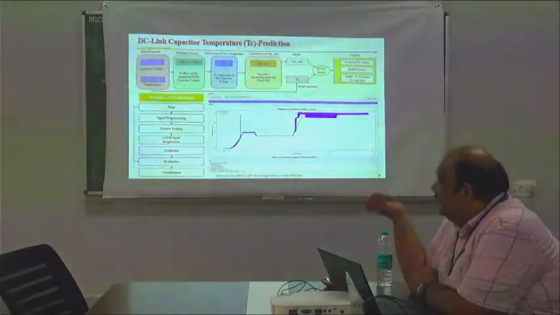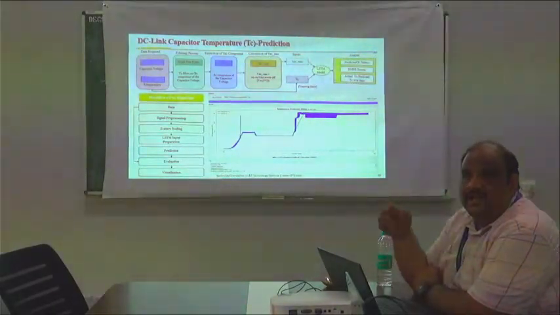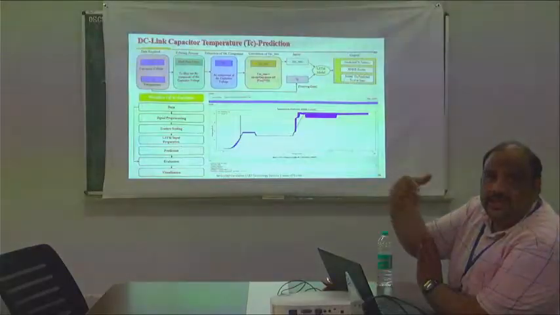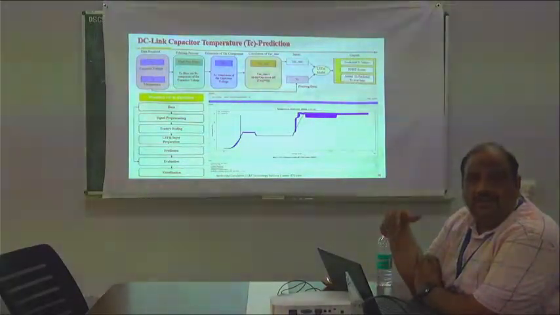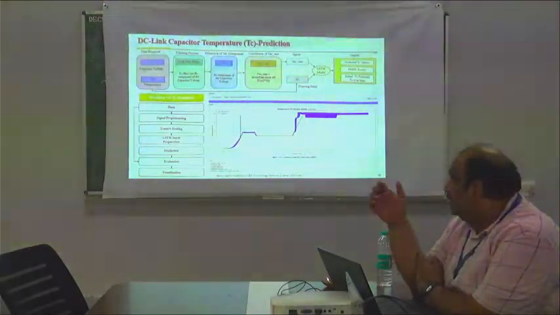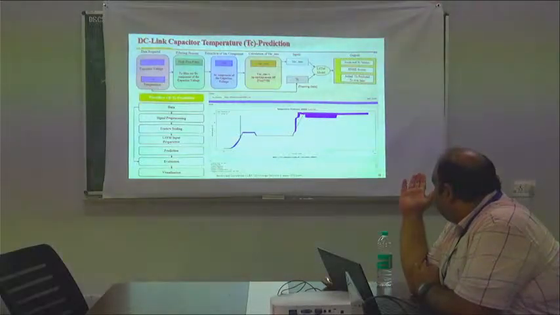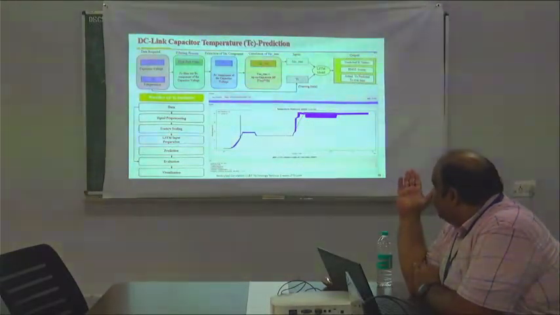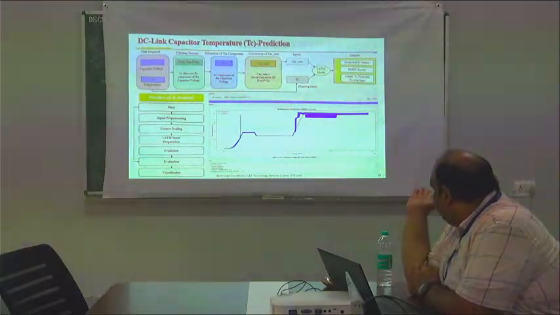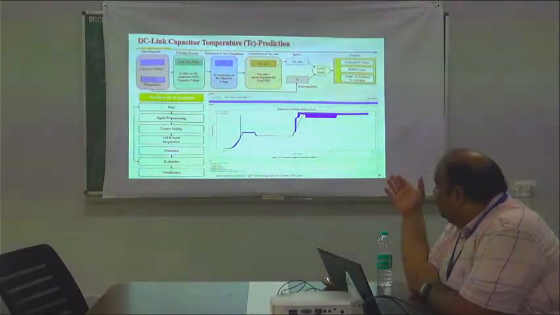We are training AI algorithms to find how many years it will take to degrade, and where I need to change it. For that prediction, the capacitor temperatures, the total operation, and the number of cycles were given. This is the total data used to train it.